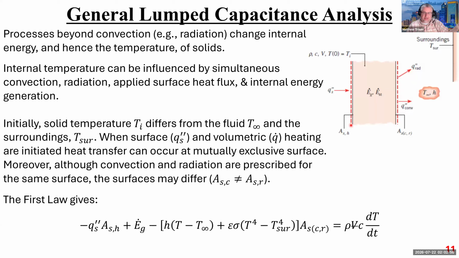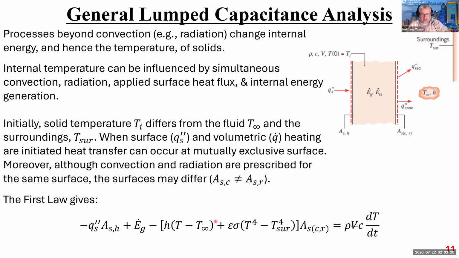So for this system, with all of this built-in nuance, this is what the first law of thermodynamics returns for us: a version that has an internal heat generation, energy, convection, radiation, and then the thermal mass and the temperature change.